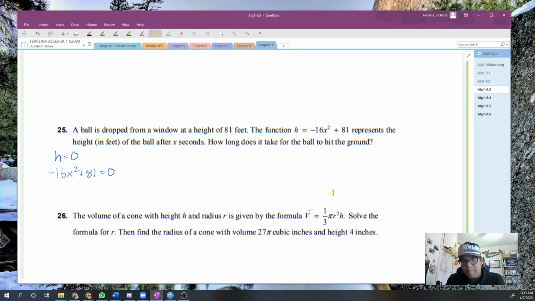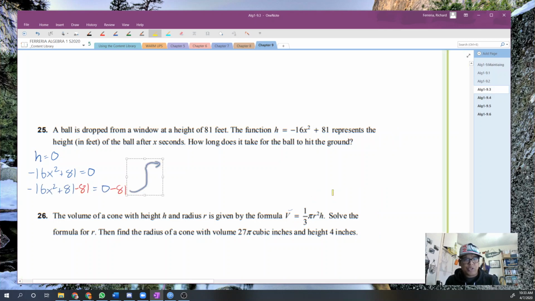And now this becomes a math problem. Obviously, we're learning math. So, clear out for the square root. Let's subtract 81 from both sides. And that gets us to negative 16x squared equals negative 81.